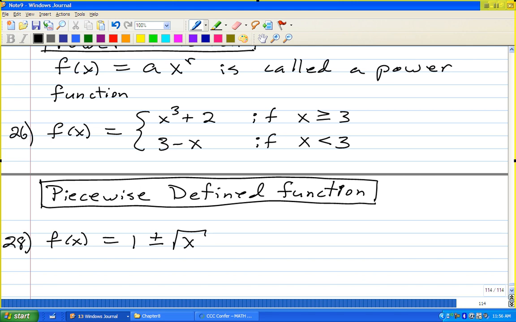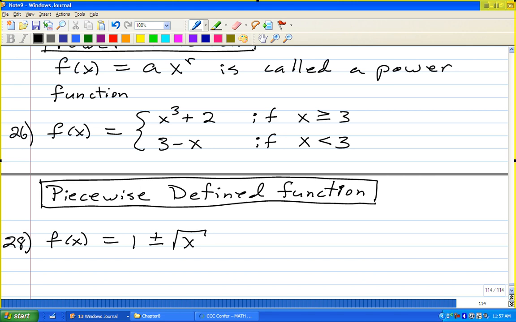And so if I look here, let's say when x is 1, then it'd be 1 plus or minus the square root of 1, 1 plus or minus 1. Well, 1 plus 1 is 2, but then 1 minus 1 is 0. So if you input 1, you actually get two differing values depending on if it's plus or if it's minus.